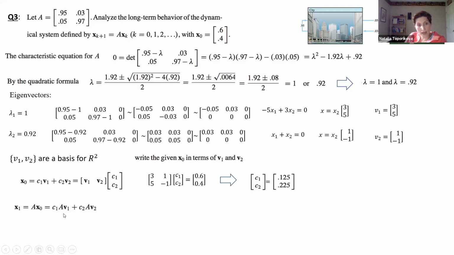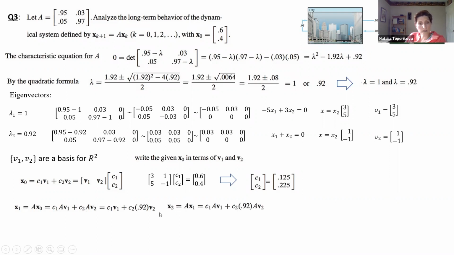So our Av1 term will be exactly the same as the vector v1 times the corresponding eigenvalue lambda 1. The Av2 term will be exactly the same as the vector v2 times the corresponding eigenvalue lambda 2. So we can write it in terms of v1 and v2 only.